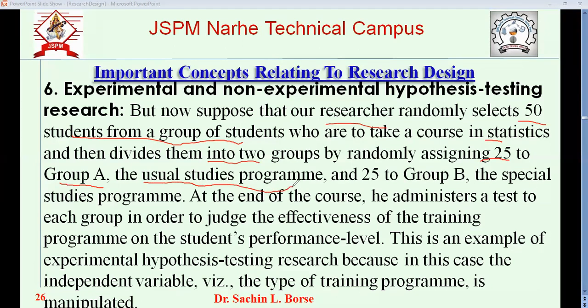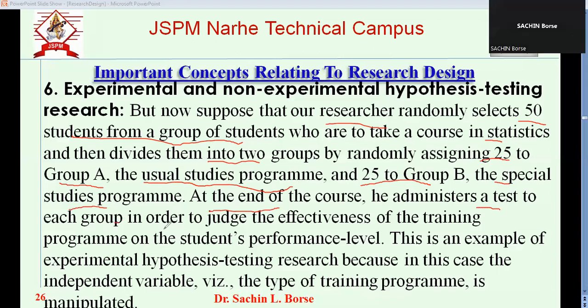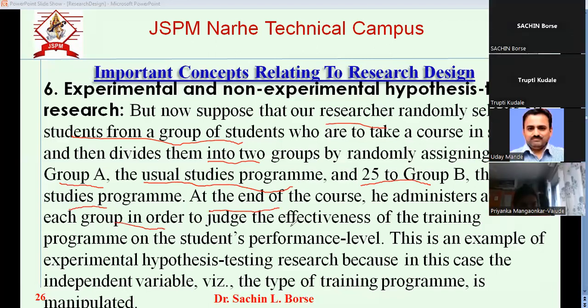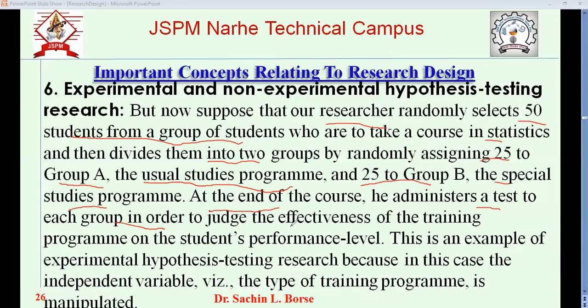The remaining 25 students assigned to group B take a special study program. At the end of the course, we conduct a test for each group and judge the effectiveness of the training.